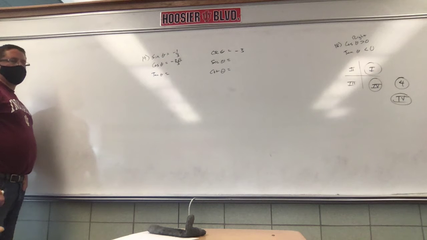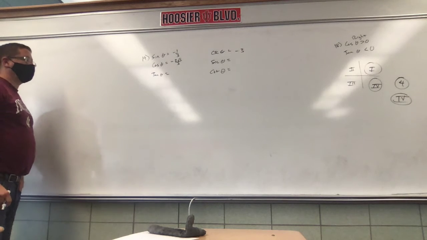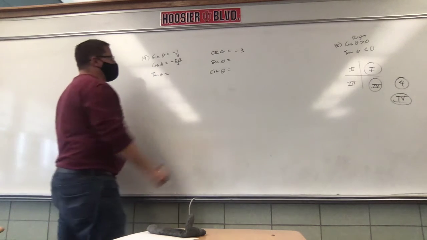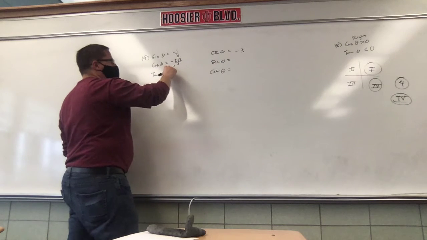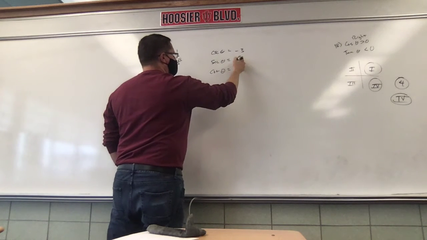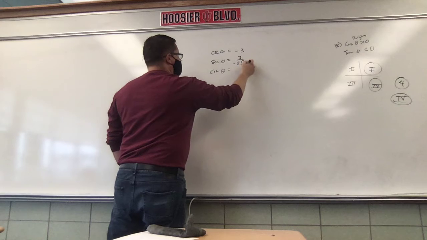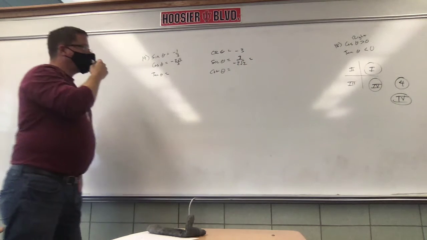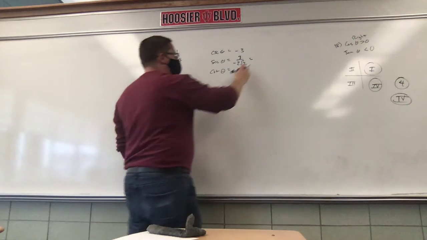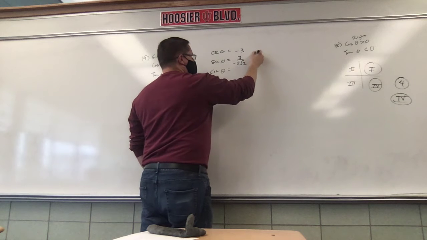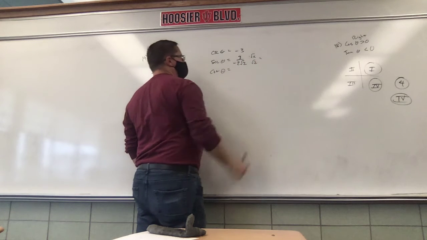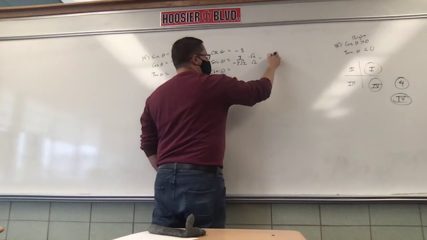I'm going to find secant next. It really doesn't matter what order you do them in. To find secant, you flip cosine, which is going to be 3 over negative 2 radical 2. But you can't have radicals on the bottom. So multiply the top and the bottom by radical 2. 3 times radical 2 is 3 radical 2.